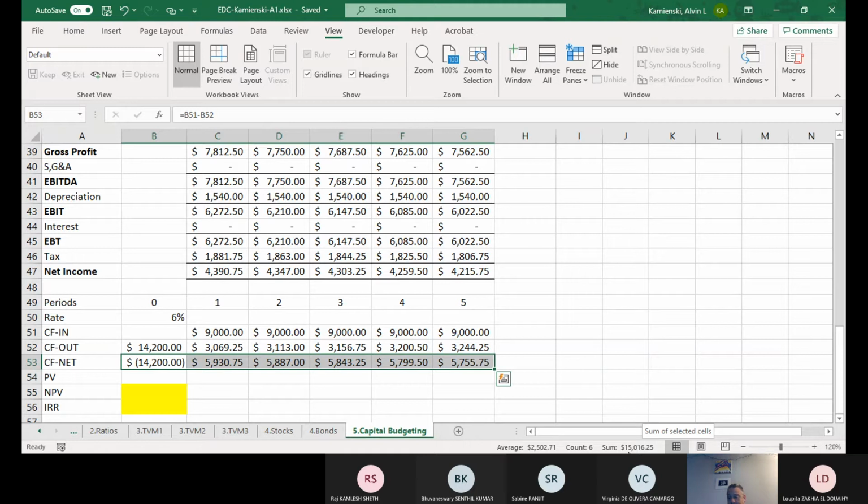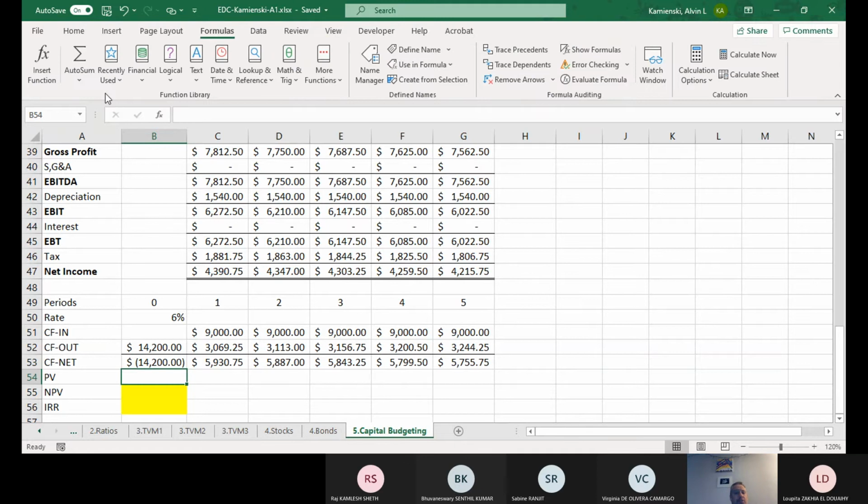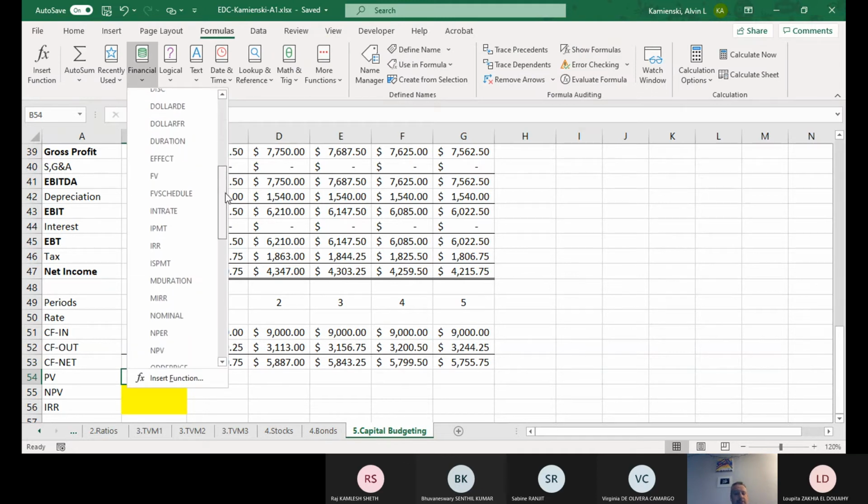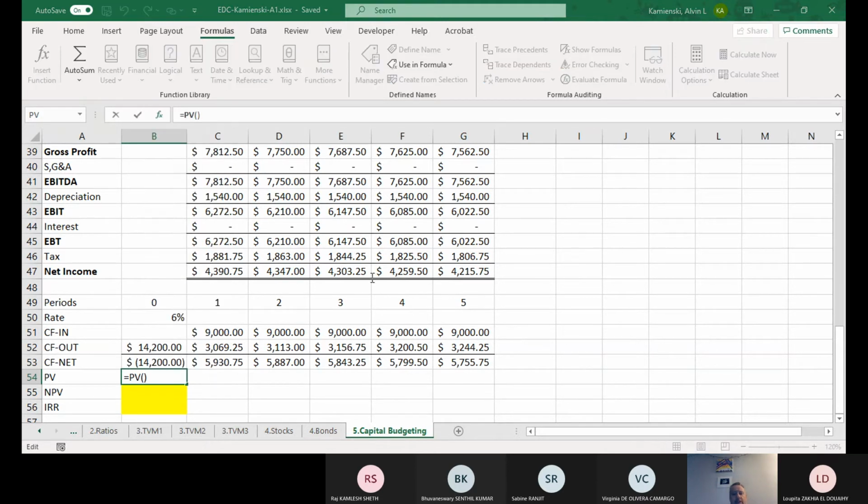It should still make us a net 15, but that doesn't account for the fact that these dollars that come further and further away are worth less and less in present terms. So what we want to do now is use our present value functions. If we go to our favorite financial functions within Excel and find our present value formula, what is the rate? 6%.